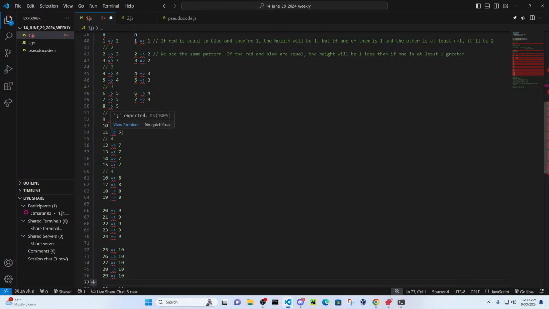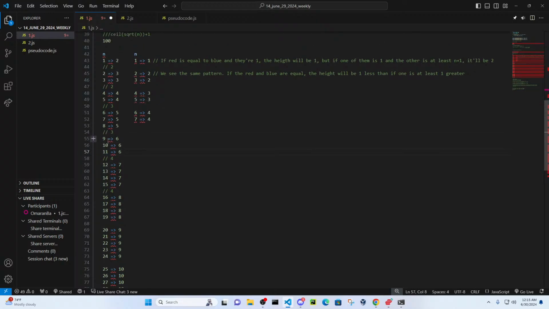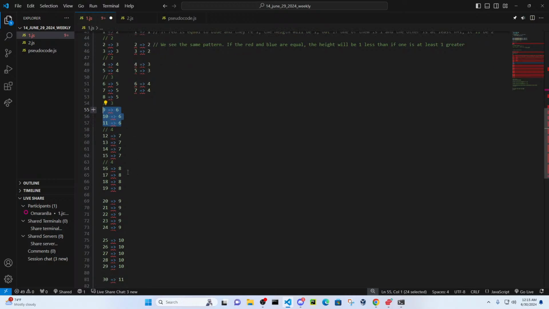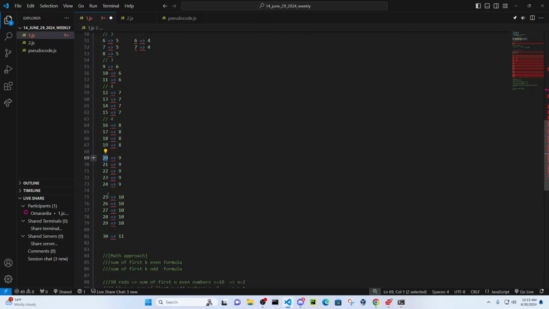I think you're onto something with the square root, because the square root of 9 would be 3. So you could see the next three numbers, 9, 10, and 11, would be, well, the pattern's only going to continue for 3, right? Whereas if you look at a perfect square like 25, we're looking at 5, and the pattern continues for 5 numbers.